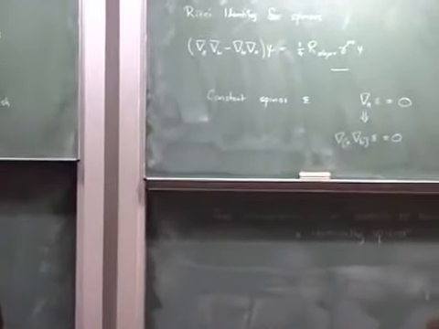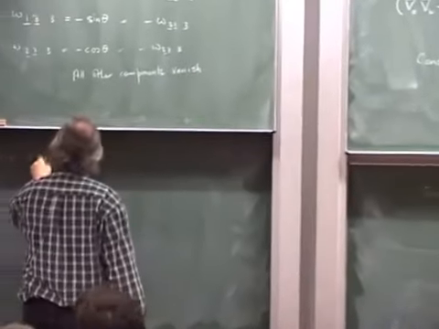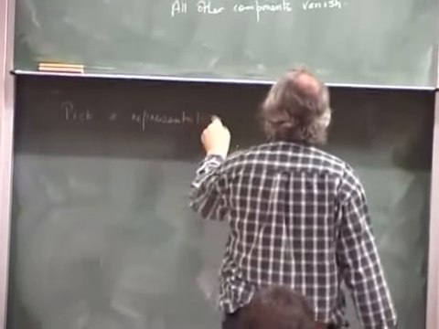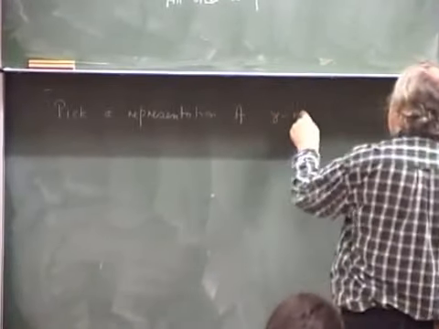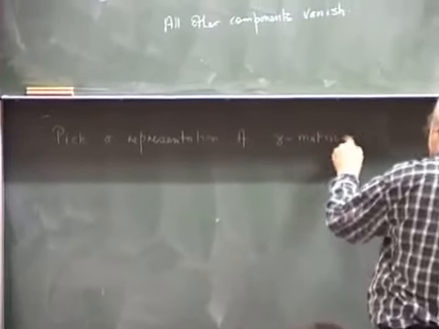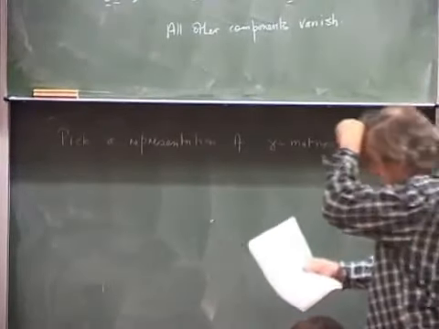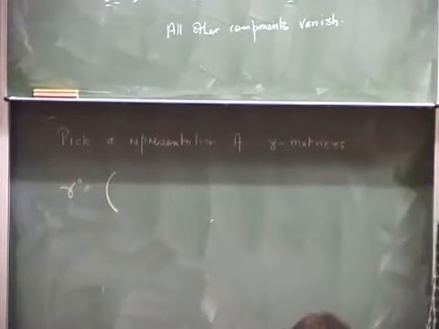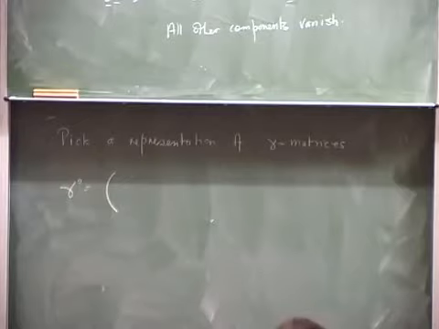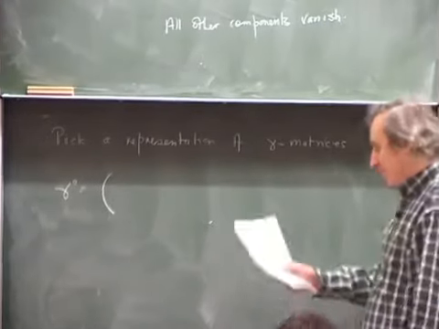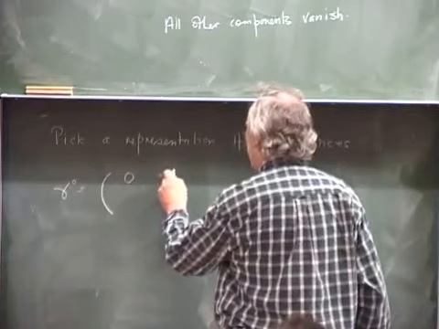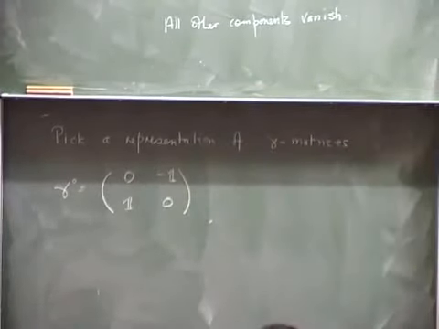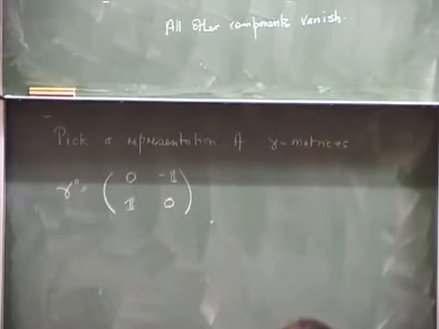So gamma 0, I'm going to choose to be equal to a 4 by 4 matrix which I will write as 4 2 by 2 matrices: 0, minus 1, plus 1, 0. The 1 there being just the unit 2 by 2 matrix.